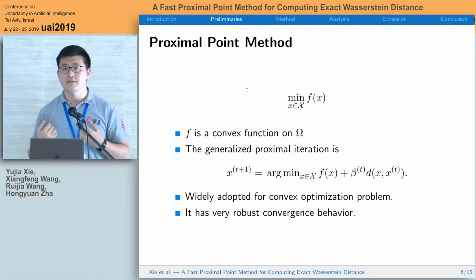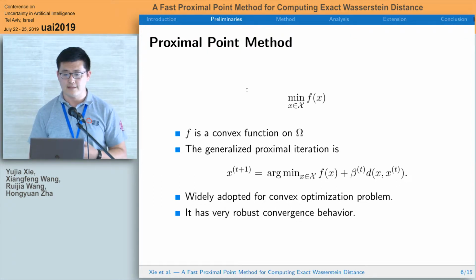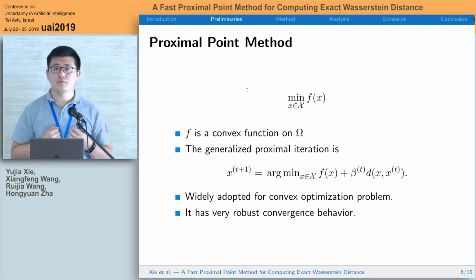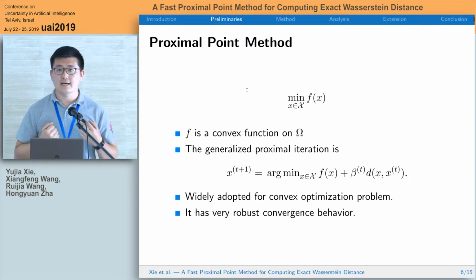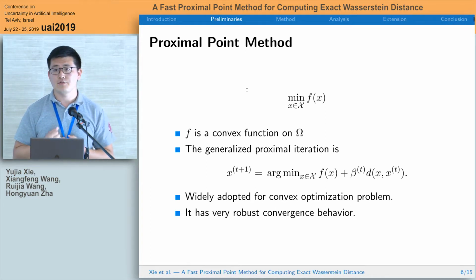Before introducing our algorithm, I will briefly introduce the proximal point method. If we want to minimize a convex function f, in each iteration of the proximal point method, we usually solve an approximation subproblem.